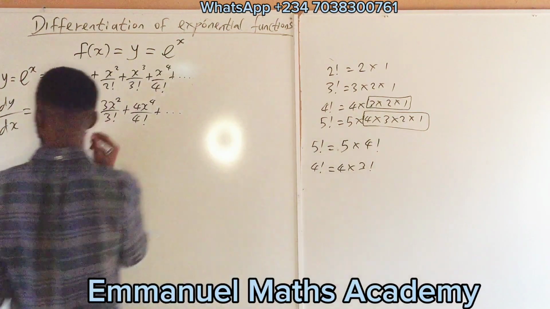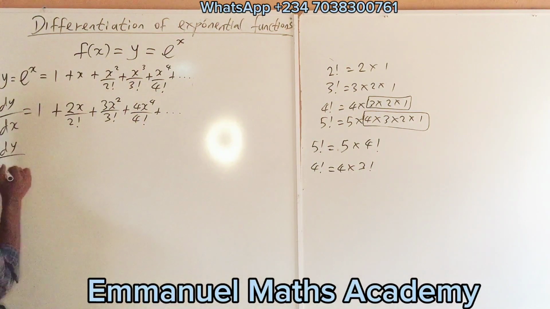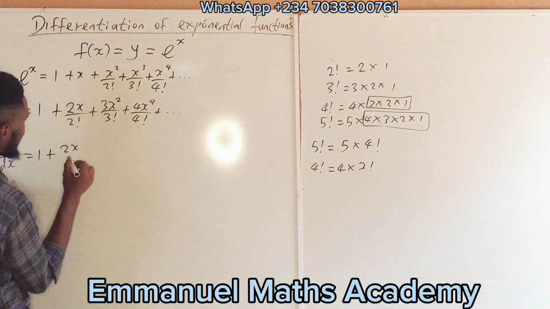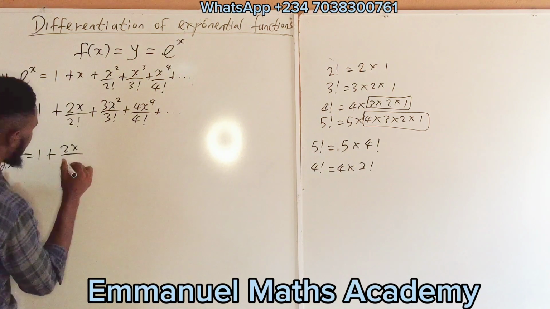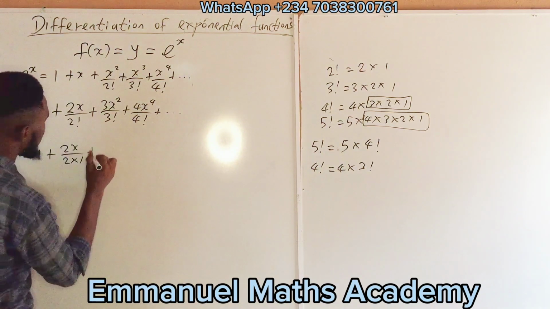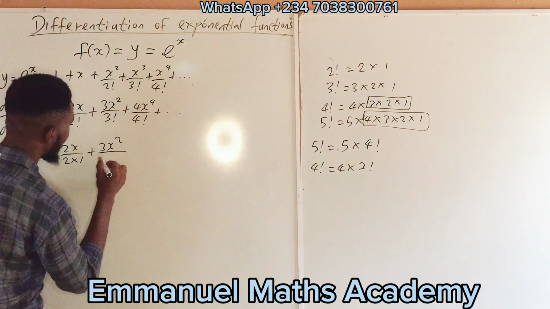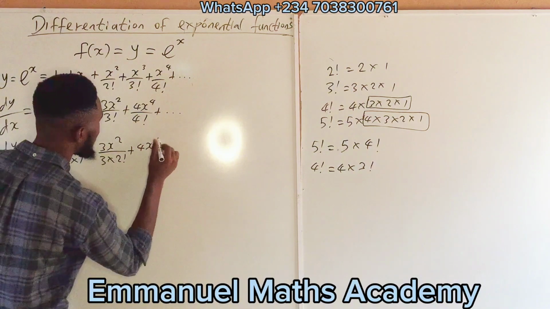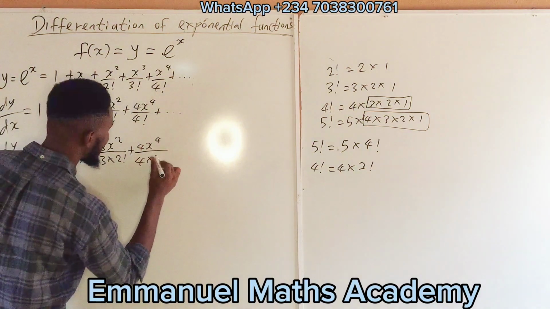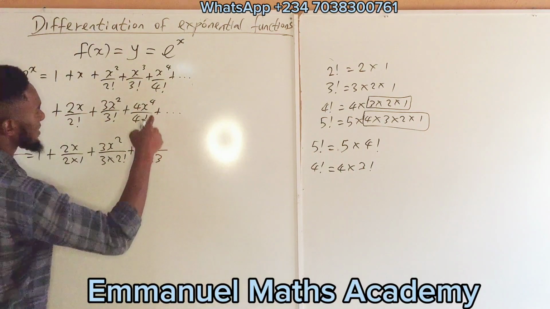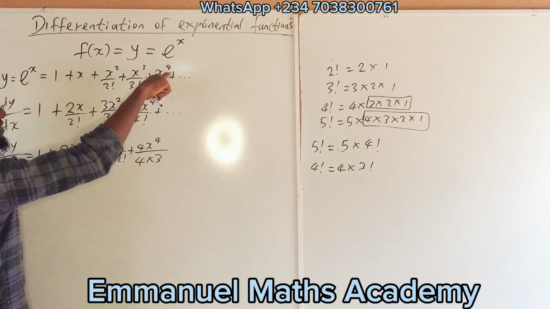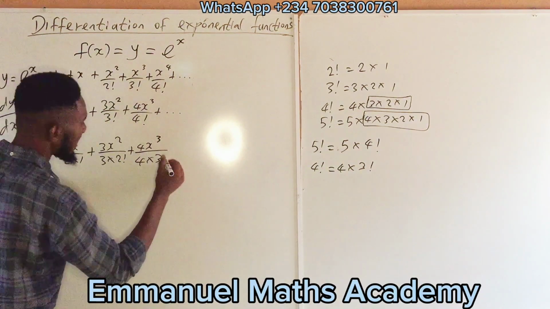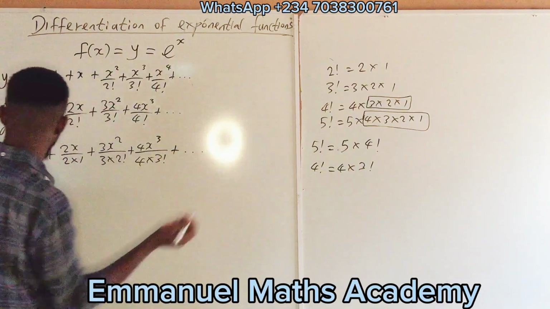Is that clear? Now from this, you have that dy dx is equal to 1 plus 2x over 2 times 1 plus 3x power 2 over 3 times 2 factorial plus 4x power 3 over 4 times 3 factorial. Sorry, this should be 3, because if you subtract 1, you have 3. Plus, right?